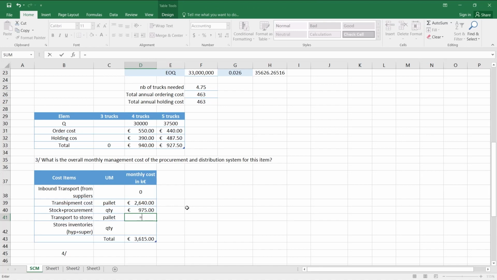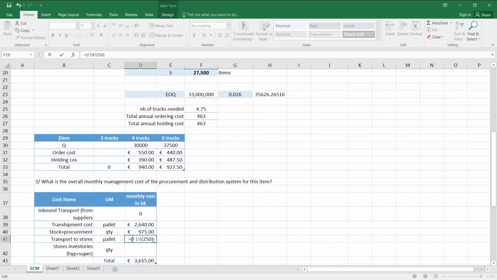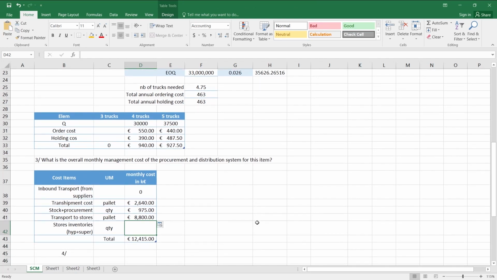So here we are going once again to divide the 110,000 items by the number of items that we will find in one pallet, so we can get the number of pallets that we will need to ship or to handle, times the 20 euro per pallet that we are charging to the supermarkets and the hypermarkets for them to be delivered. And that will give us 8,800, okay?